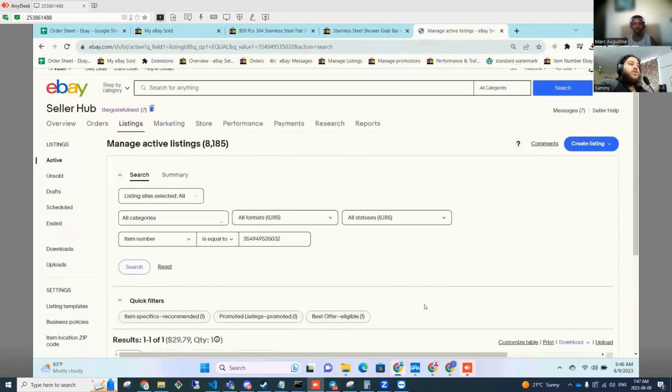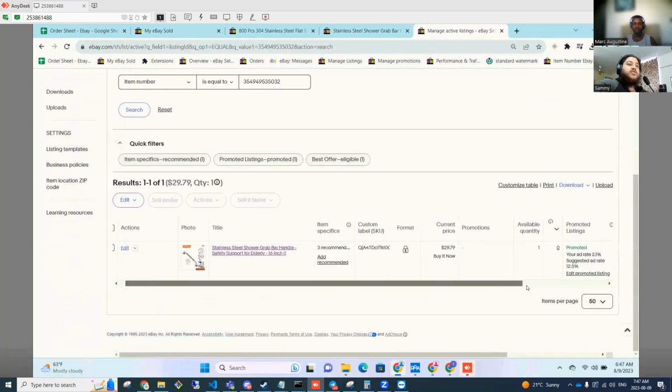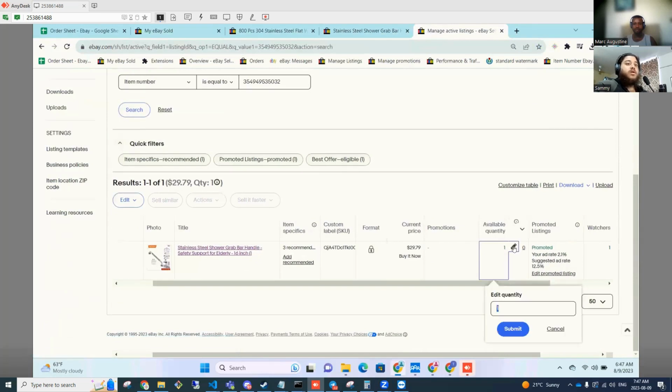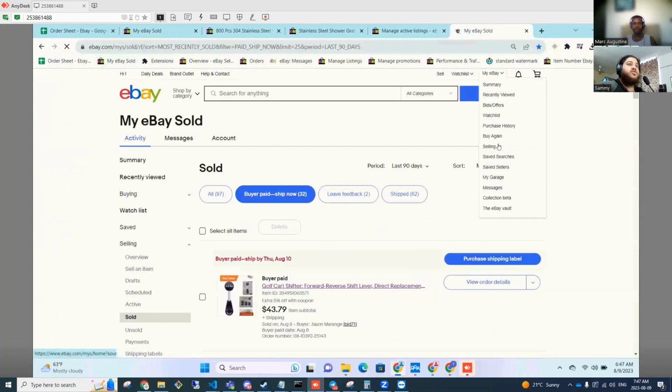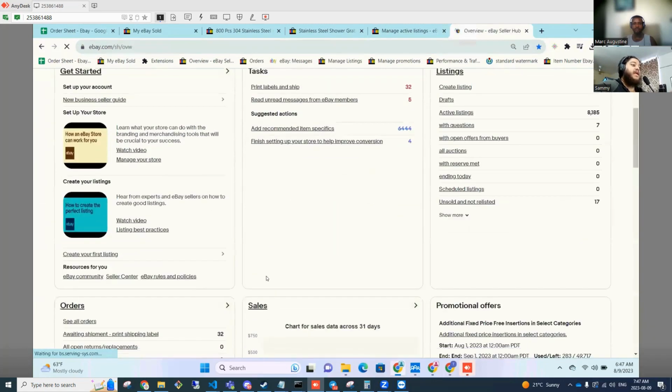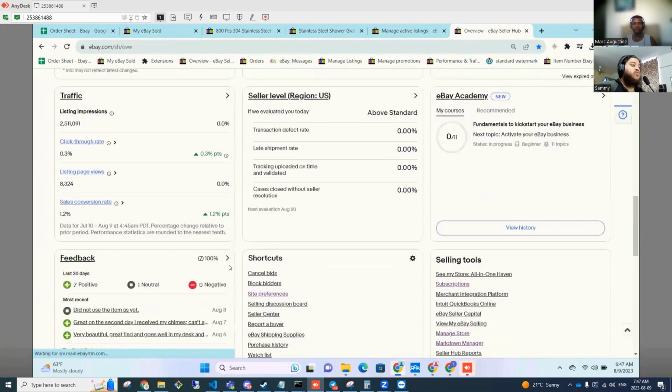Yeah, so basically what that means is that people are buying more than one. The reason we only put one quantity initially is because if you put more than one quantity, your total dollar amount on your eBay account keeps increasing way too quickly.